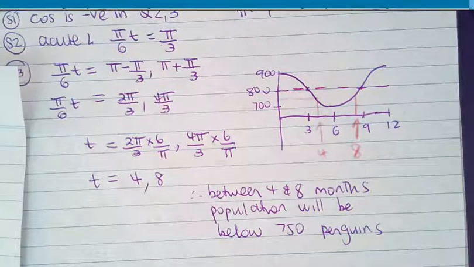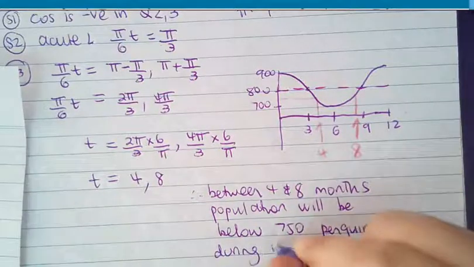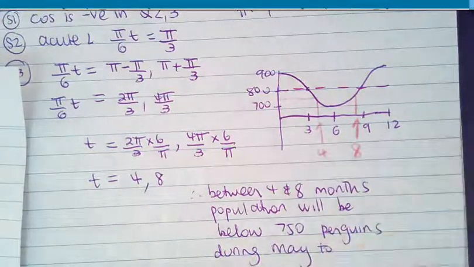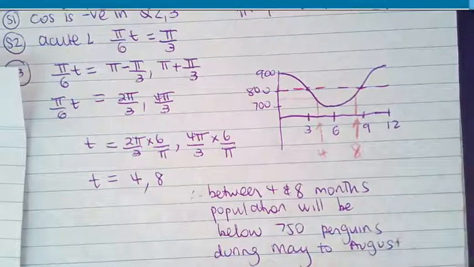So between 4 to 8 months, what are those months? After the 4th month, January, February. During May, so basically during May through to, make sure I don't get it wrong, to the end of August. That's it.